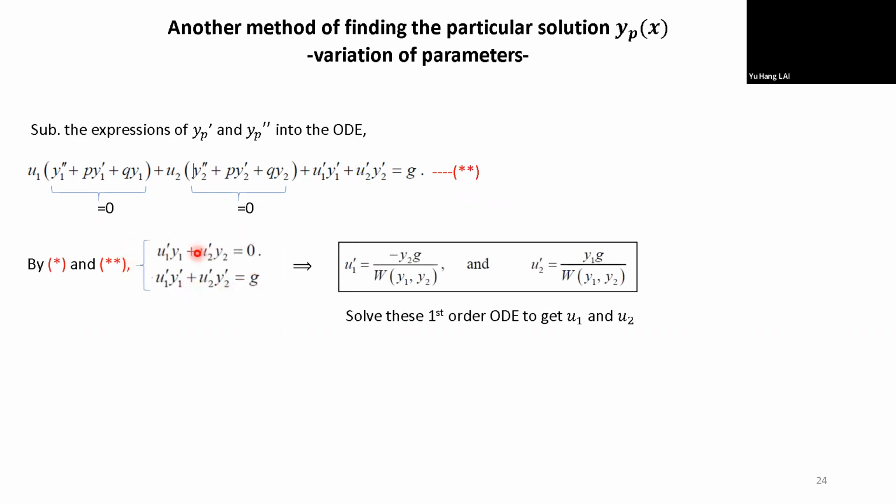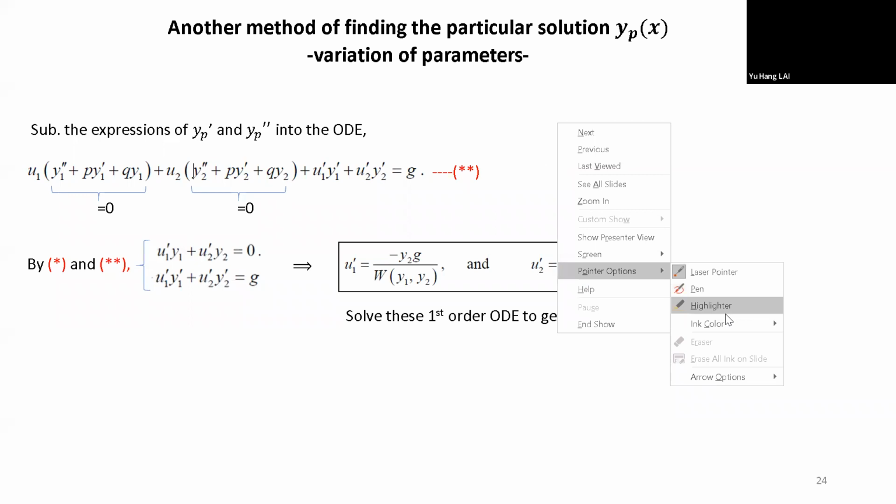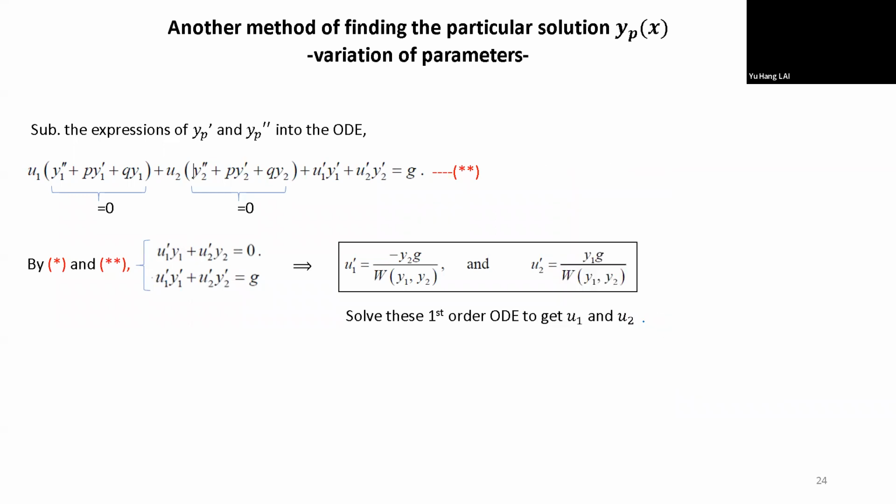So here is basically two equations, two unknowns. Let me write down the steps, in case you don't see why this one gives you these two. This is essentially two linear equations, two unknowns.